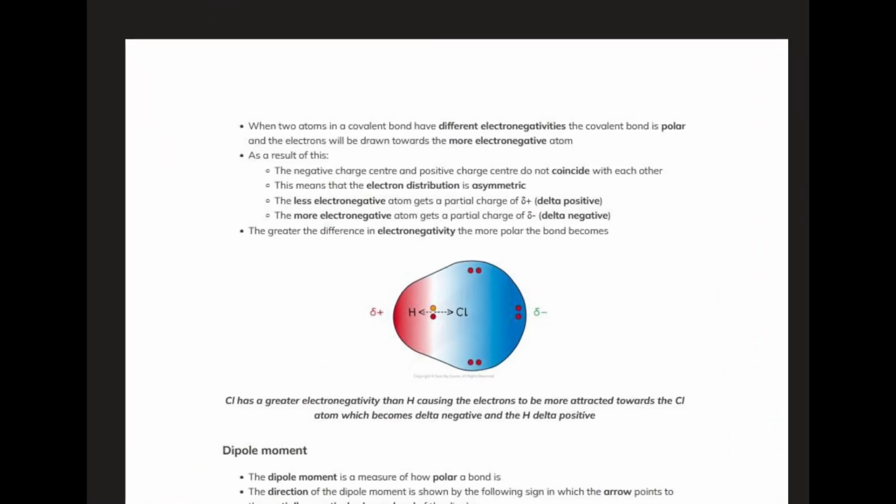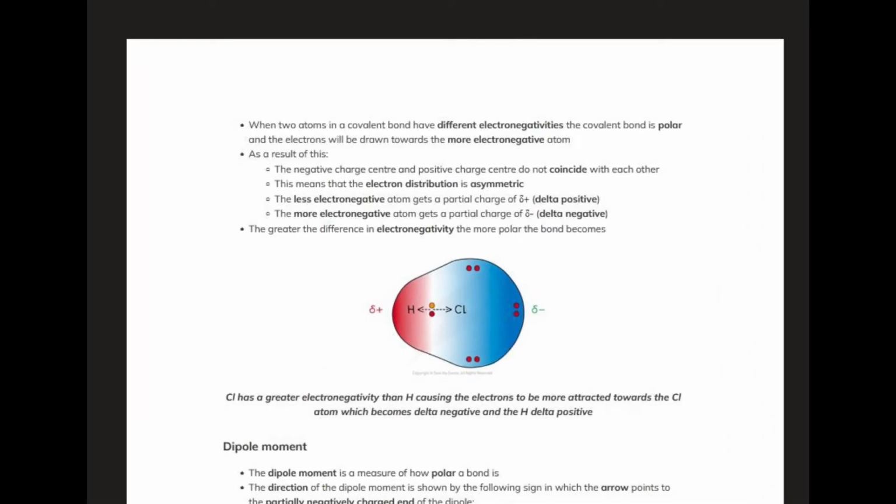When two atoms in a covalent bond have different electronegativities, the covalent bond is polar, and the electrons will be drawn towards the more electronegative atom.